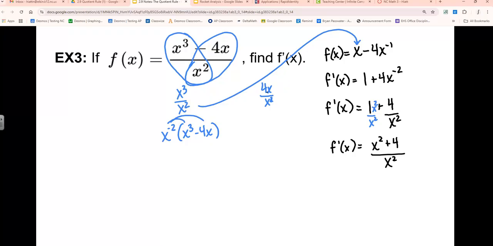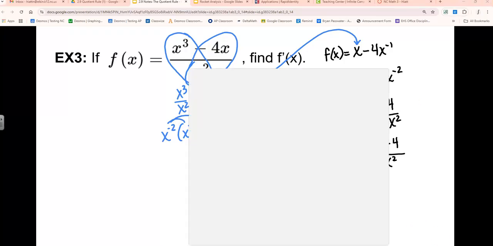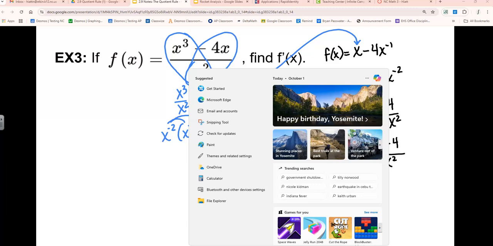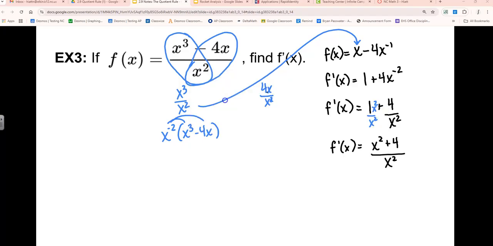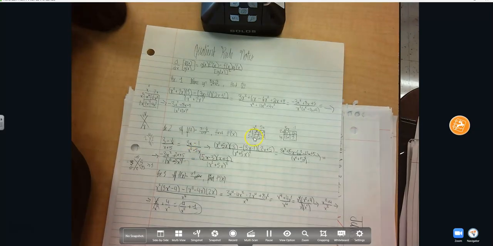Real quick. Just to see it done the other way. Alright, why didn't it? Oh, here it comes. Why is it? There it is. Okay.